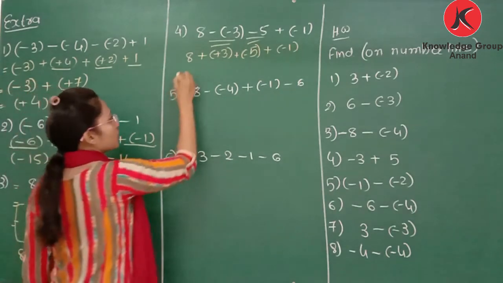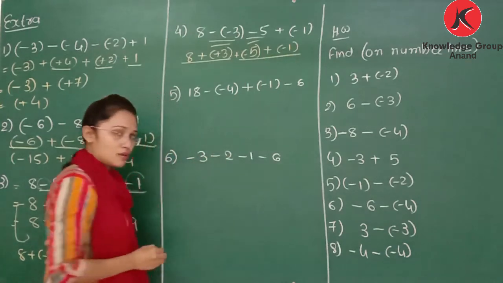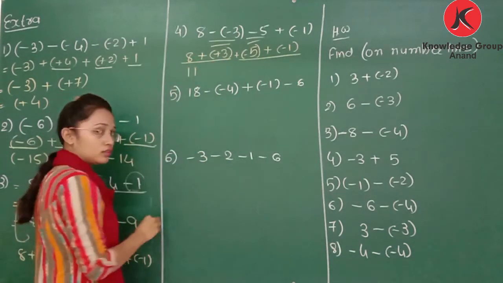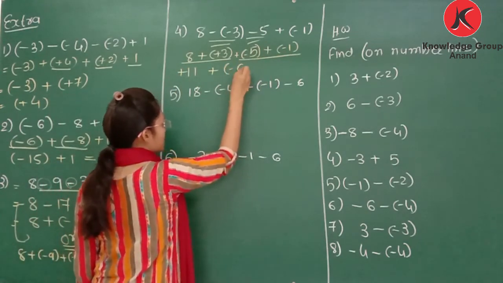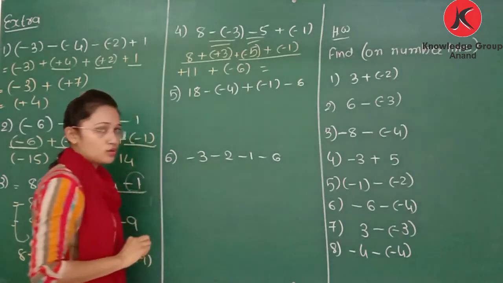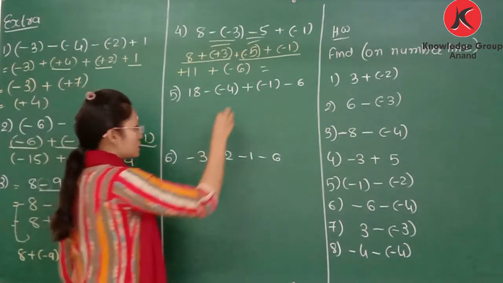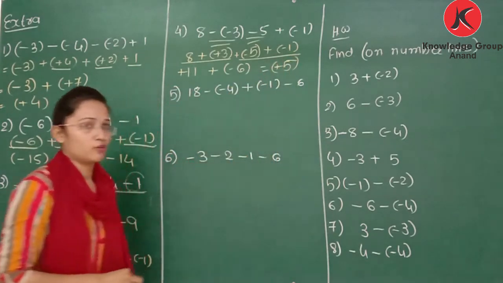So now these two numbers are with the same sign and these two numbers are with the same sign. So 8 plus 3 is 11, that is plus, and 5 plus 1 is minus 6. Now one positive, one negative, subtract the numbers. 11 minus 6 is 5. Sign of the greater number, that is plus 5.